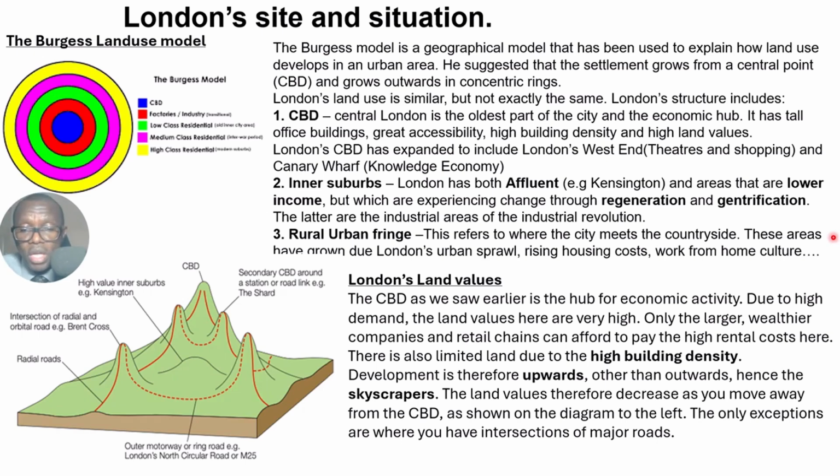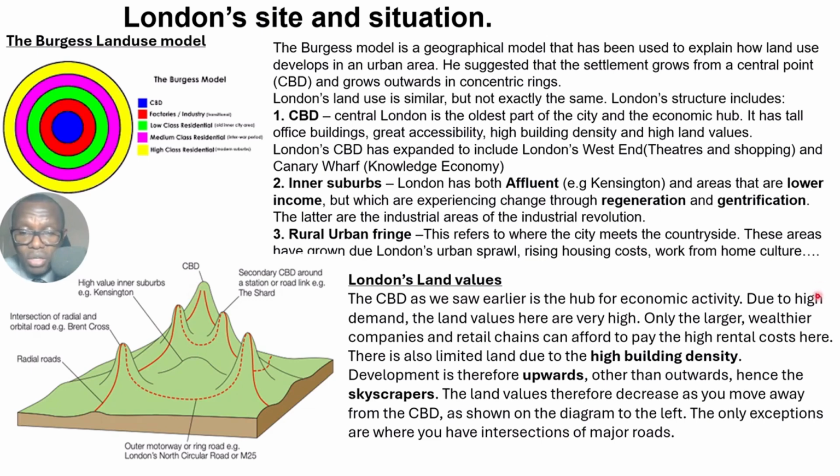Now, this next graphic here shows London's land values, and as you can see, the CBD, which is the center of economic activity, has the highest land values. So it is the tallest here, so it means that the land values are highest here.